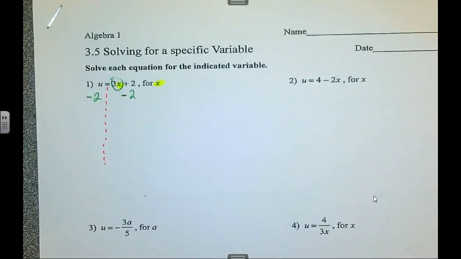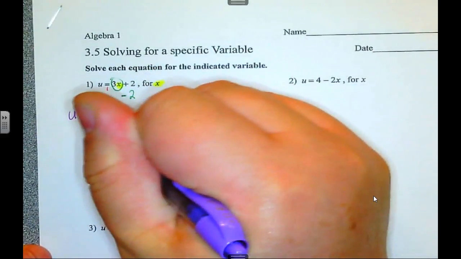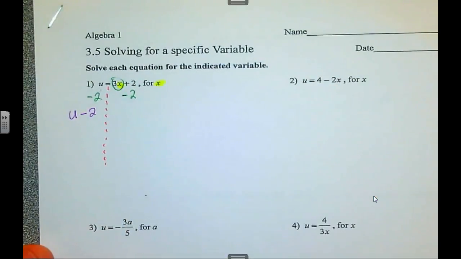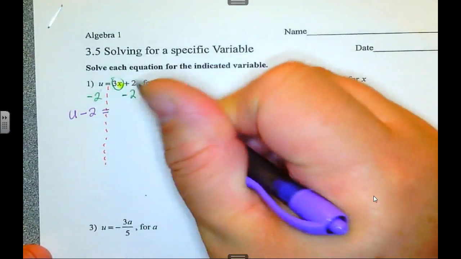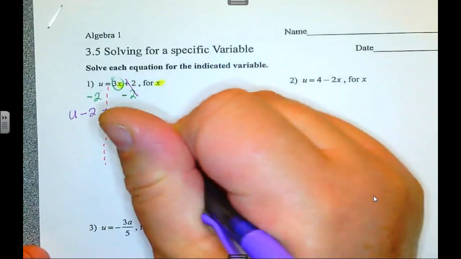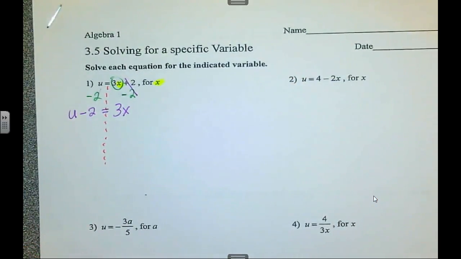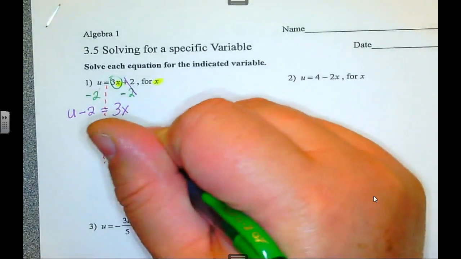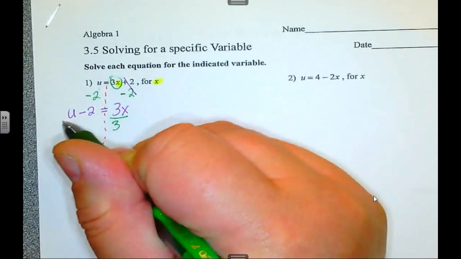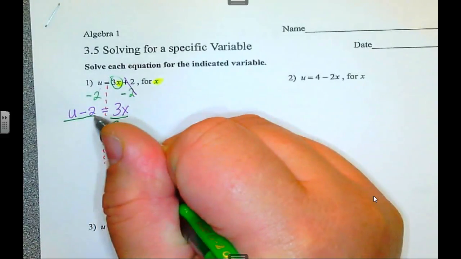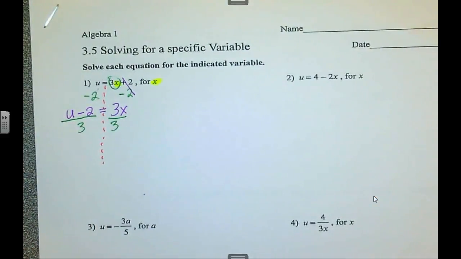And I get u minus 2, because these are unlike terms, equals, my 2's add up to 0, and I'm going to bring my 3x down. Then I have to get rid of the coefficient 3. It's being multiplied to the x, so I'm going to divide by the coefficient 3. I'm going to divide the entire side by the coefficient 3.